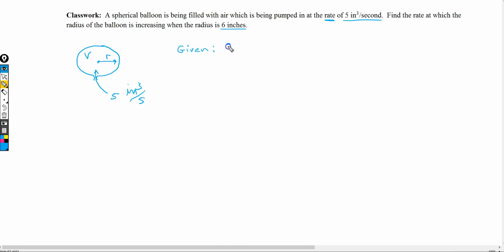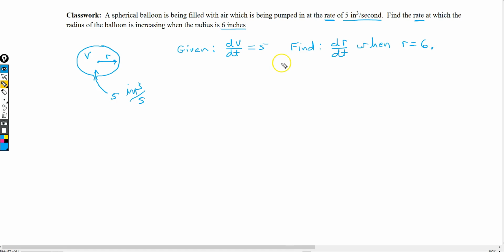So we're actually given dV/dt equals 5. Now what do we want to find? We want to find the rate. So we need to find the derivative of something. The rate at which the radius of the balloon is increasing. Oh, okay, so we need to find dr/dt when r equals 6.